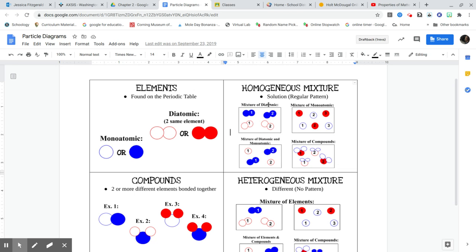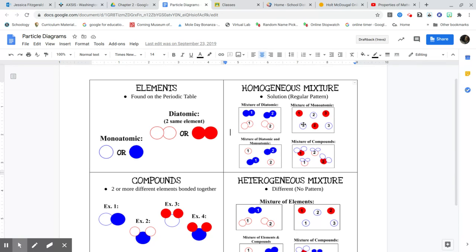So our first example is a mixture of diatomics. So we have two diatomics here, and then this is our second diatomic that we have two of them. So we have the same number of two different substances, so it's a homogeneous mixture. If we look at this mixture of elements, this is a mixture of monoatomic elements. So 1, 2, 3 of one type of element or atom.